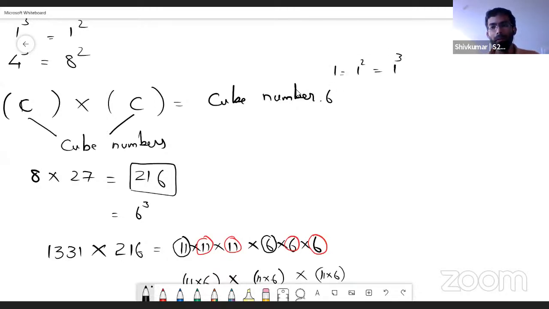So 27 multiplied by 27, Ridhima, yes? Yes, can you repeat again? So 27 multiplied by 27 is 729. 27 multiplied by 27, what is that?